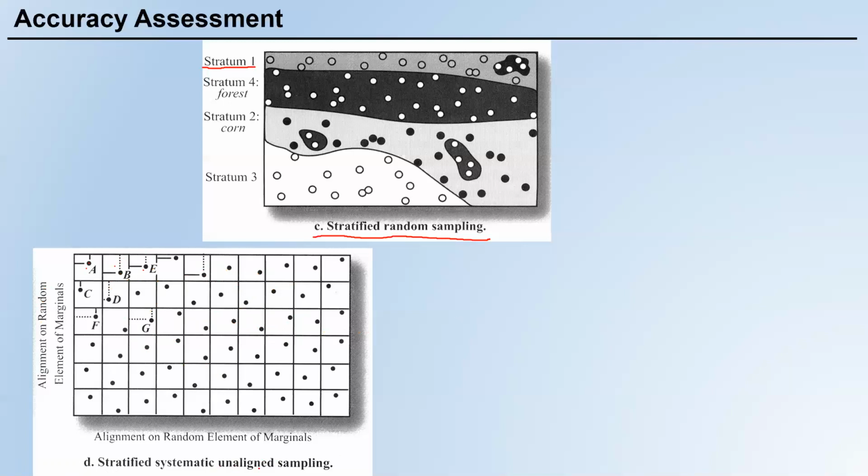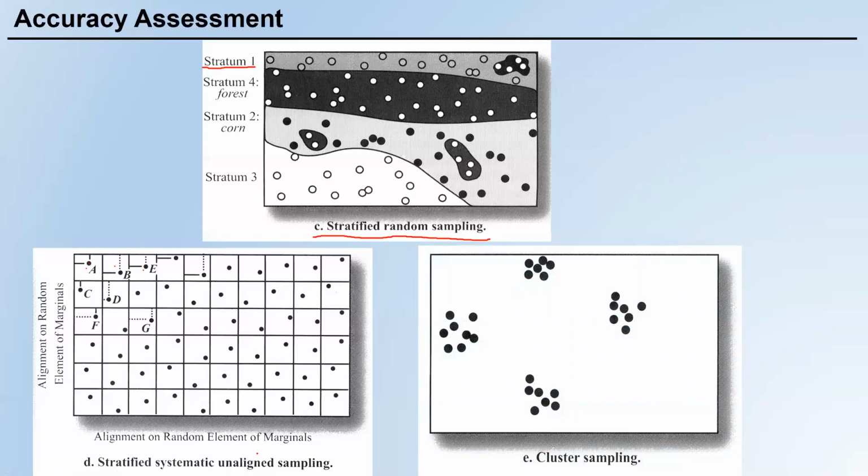So that's the unaligned part of the sampling method. It's a combination of stratified method and systematic method, and we make sure that all the samples are not regularly distributed within the space.